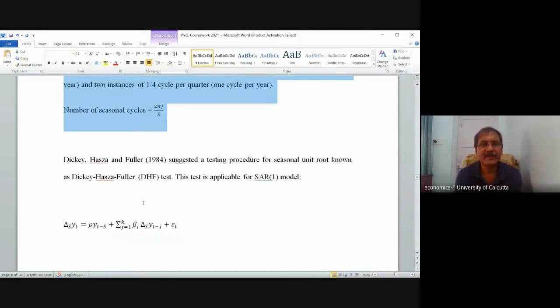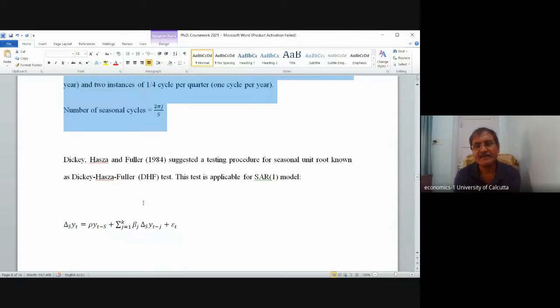Dickey, Hasza, Fuller in 1984 developed unit root tests for seasonal time series. It is basically the extension of the Dickey-Fuller test for annual time series. This test is, in short, known as DHF test. Dickey, Hasza, Fuller.